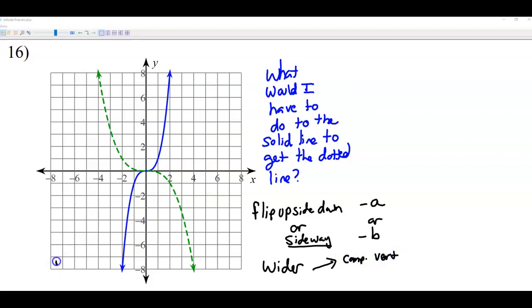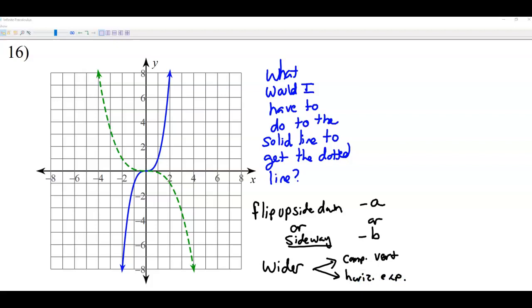So if I have a graph that looks like this, if I were to compress it, then it looks wider. So if you squish it vertically, it will look wider. Another way that you can make it look wider is if you expand it horizontally. So either way, you can make it look wider with either a vertical compression or a horizontal expansion.